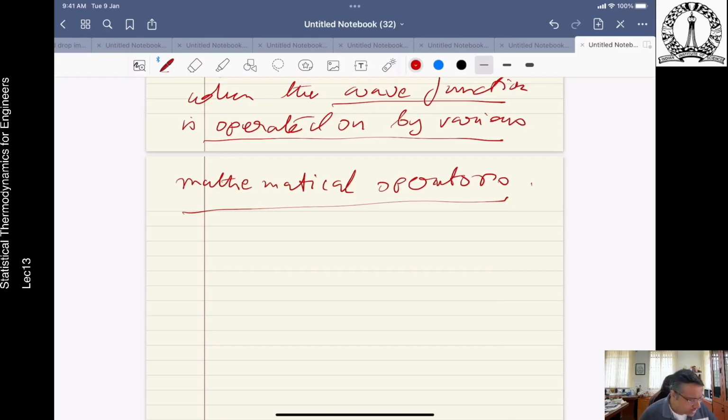In this particular thing, what we have learned so far, before we go to the 4 postulates, is de Broglie's hypothesis that matter waves should be present, because if light can behave like a particle, why not matter behave like a wave?